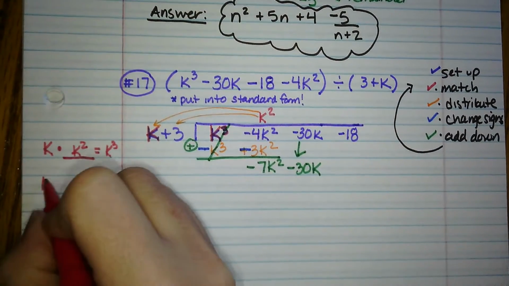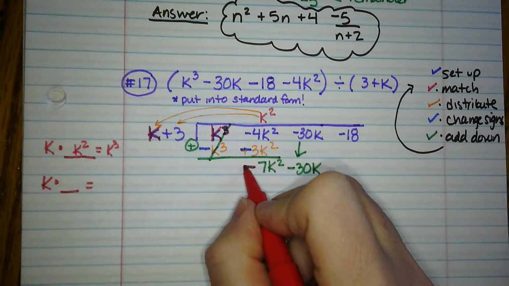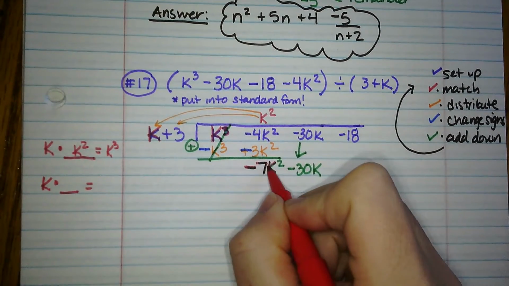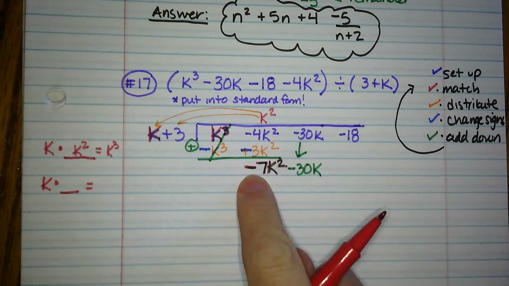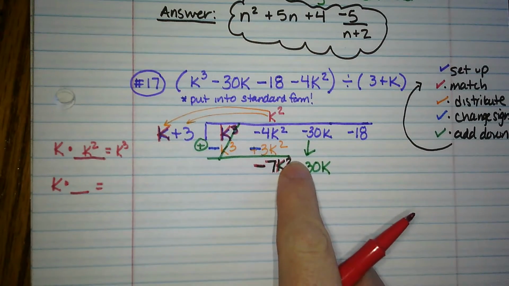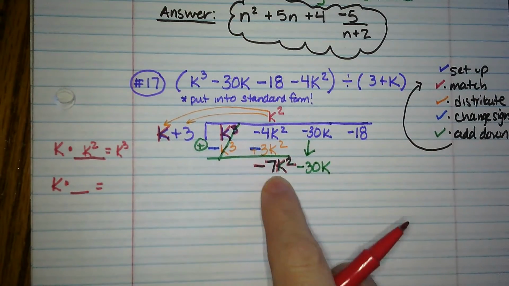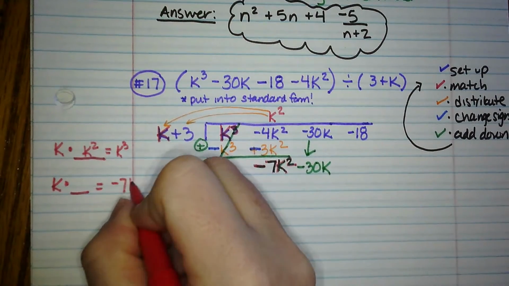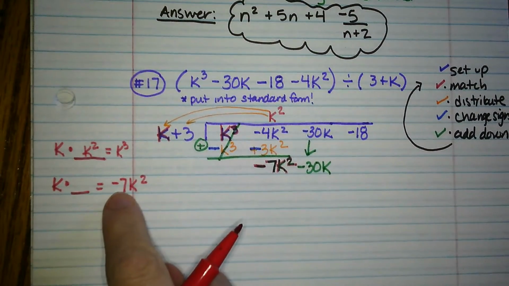I've got k on the outside times something, and my new line is negative 7k squared. I need to match my k with negative 7k squared. I'm always matching my first thing on the outside with my first thing on my new line. So now I'm thinking, what times k is going to give me negative 7?